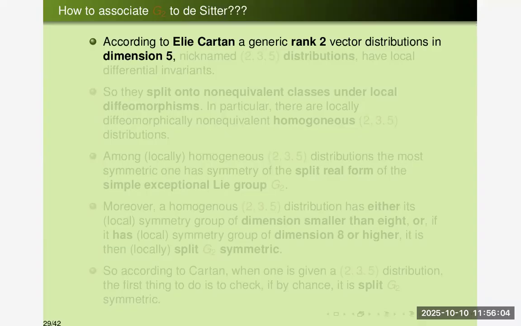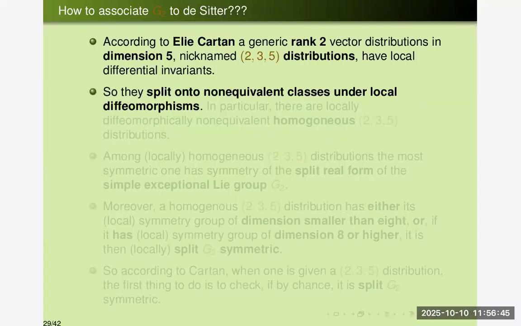And they are very interesting because it is the first dimension in which distributions have invariants other than this growth vector. So actually there are plenty of invariants for such distributions. And actually, Cartan found all of these invariants for these (2,3,5) distributions. So if they have invariants, it means that (2,3,5) distributions, meaning generic rank 2 distributions in dimension 5, can be split into locally non-equivalent classes with respect to diffeomorphism.